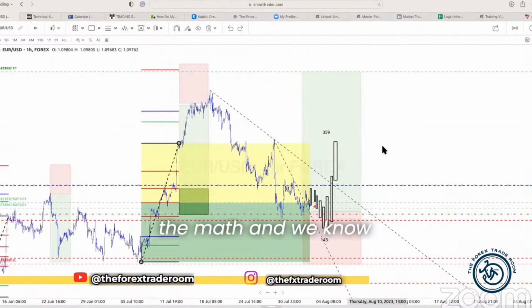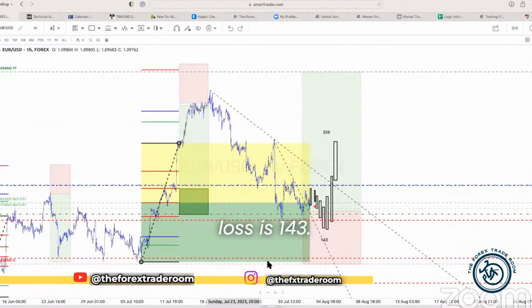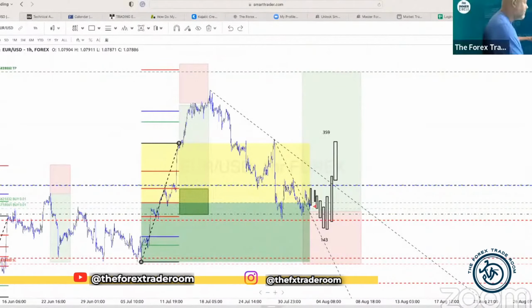But if we know we did the math and we know that we're not over leveraged, then we can take the drawdown. We know that this stop loss is 143 pips. And I'm okay with that because I'm only risking 1% of my account, right?